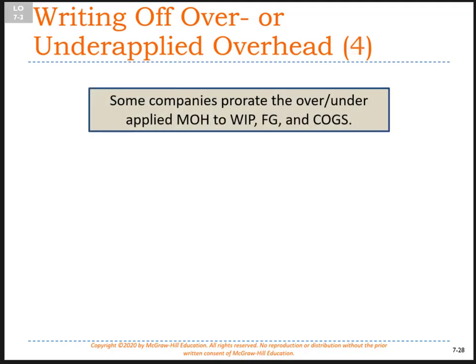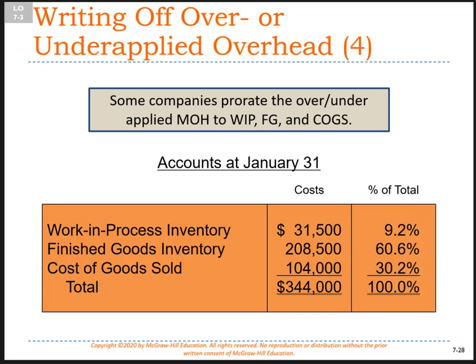Now, most of the time, our over or under-applied overhead should be small enough to not be material, and therefore it doesn't really matter where you put it, so cost of goods sold is a good place to put it. Sometimes, if it's significant, you may want to split it between work in process inventory, finished goods, and cost of goods sold based on a percentage.